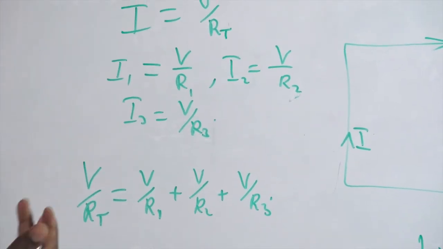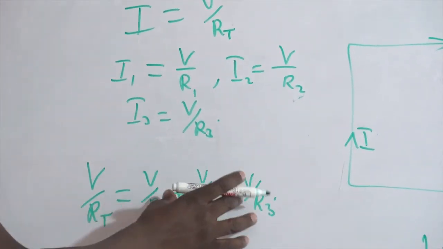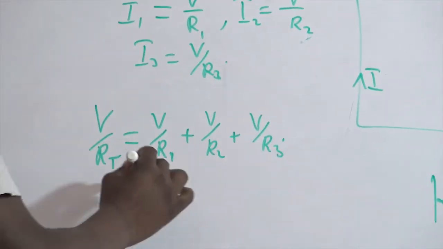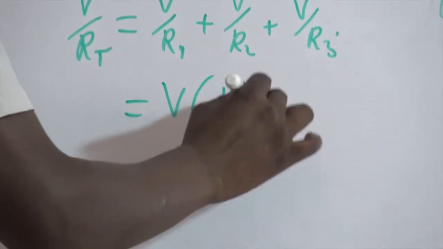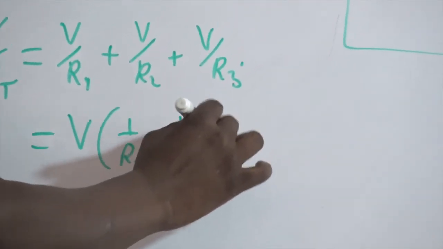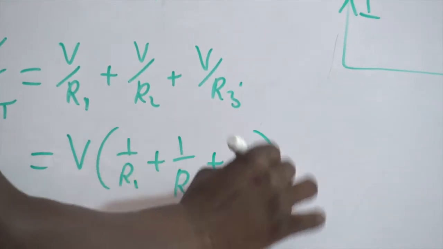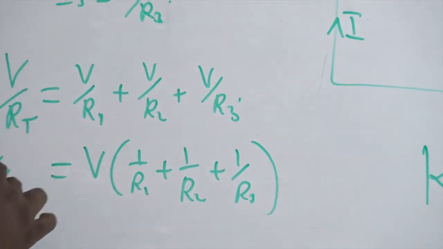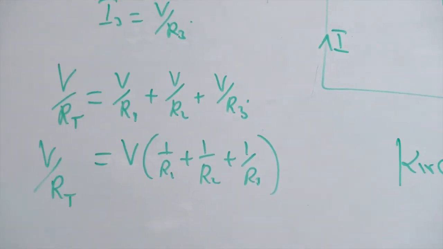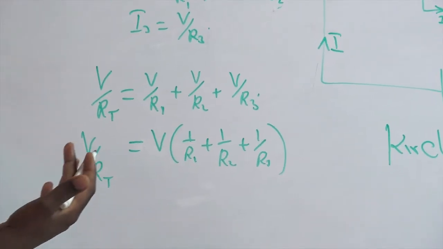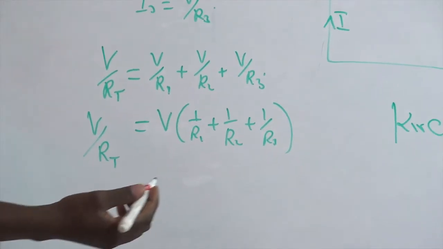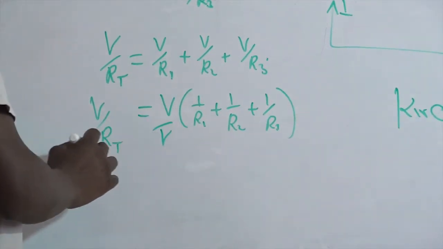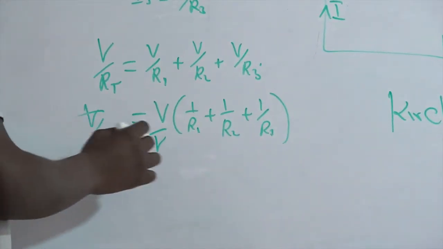If we factor out V, because V is common on the right hand side, therefore we have V into 1 over R1 plus 1 over R2 plus 1 over R3 equals V over RT. At the same time, if you divide all sides by V, this will cancel with this.